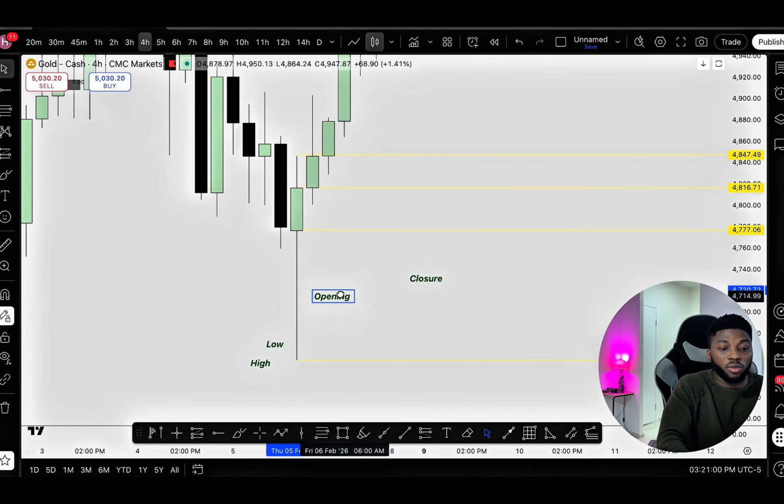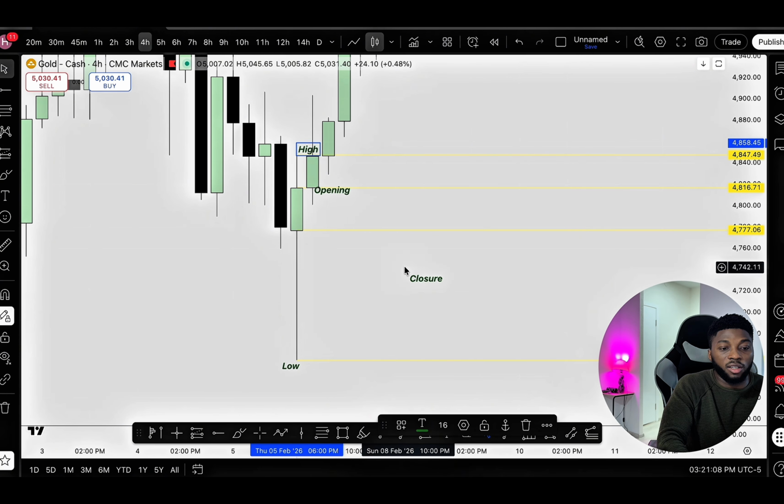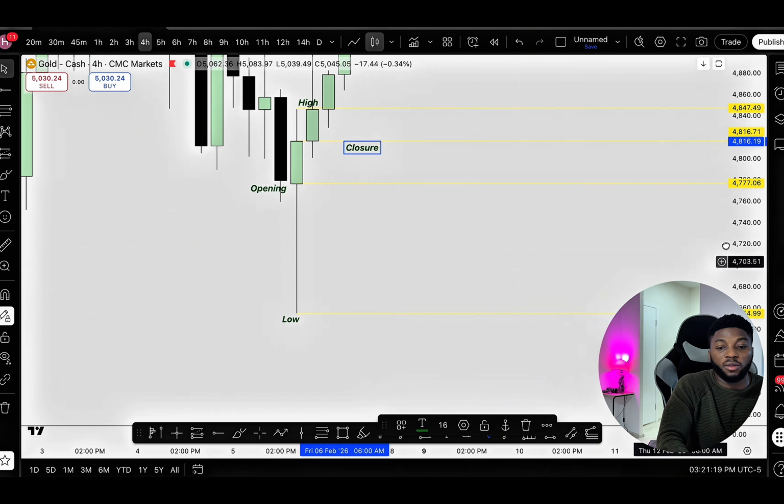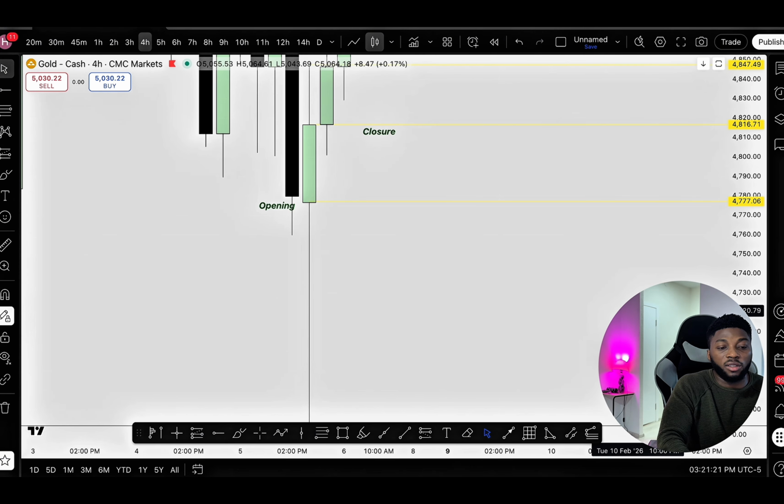So opening here, low here, high here, then closure. No, closure here, then opening. Yes, sorry. You feel me? Doing that on this particular candlestick.